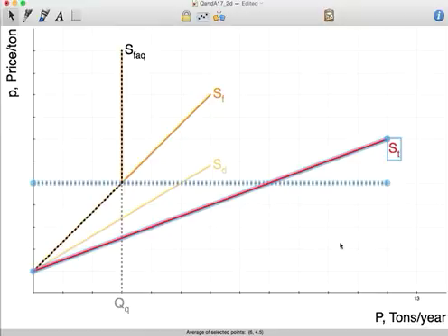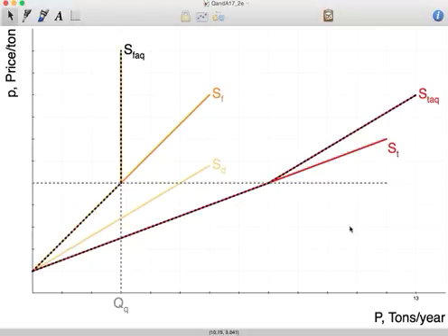Where that horizontal hashed line intersects the supply total, that's going to give us the point where the kink is going to occur. Let's take a look at that, and you can see here we now have a kink in the total supply curve.